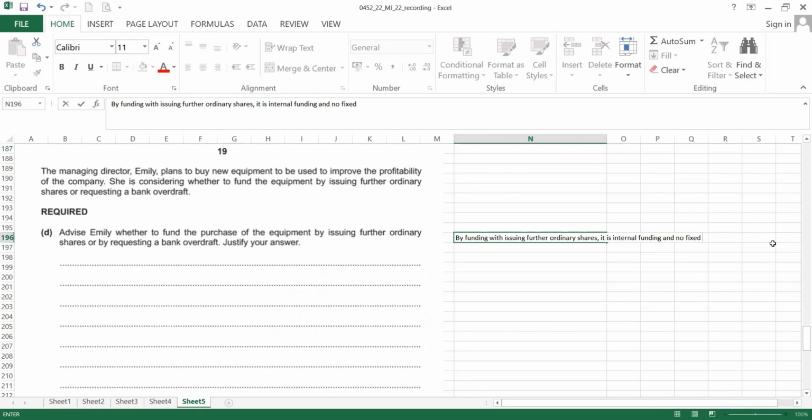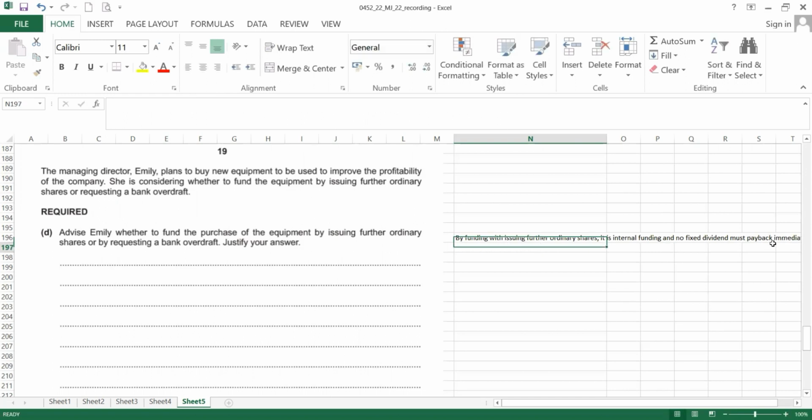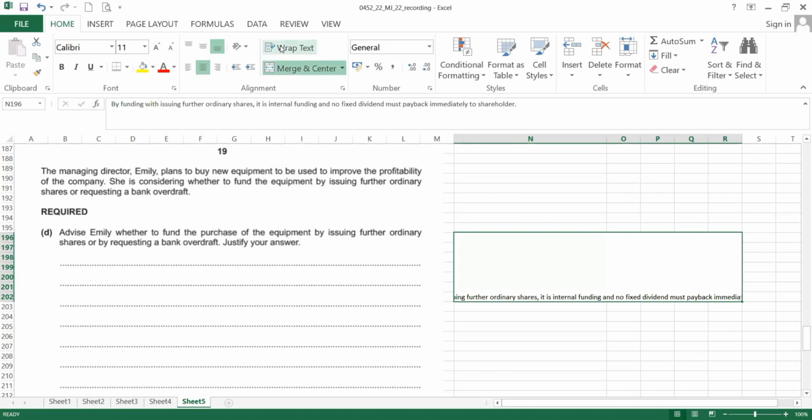fixed dividend, and it must not be paid back immediately to shareholders. Okay, this is the benefit. Internal fund, no need to pay back immediately.